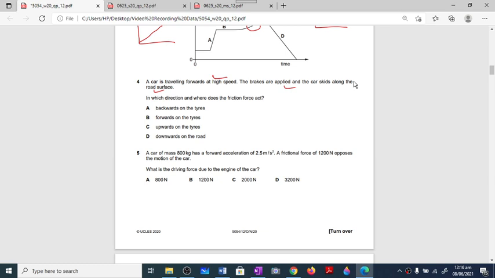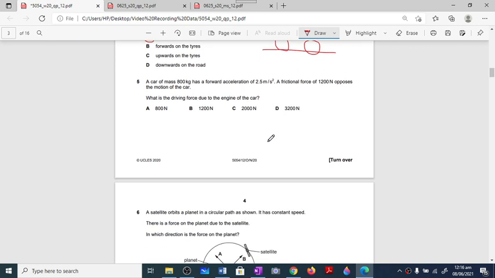So this is the straightforward answer. He is asking in which direction and where does the force of friction act. The force of friction will act due to the rubbing of the tires with the road. So it will act in backward direction and on the tires.